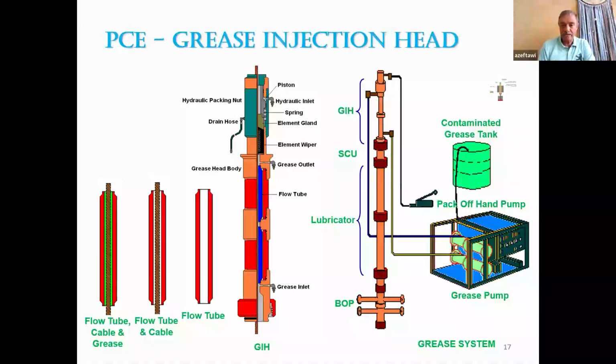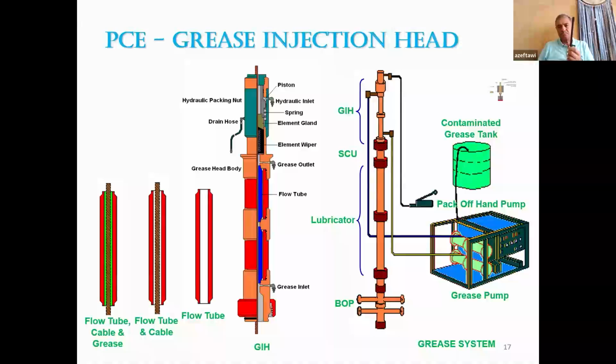To understand this, let us discuss. Let us see what's on top of the grease injection head here. It's a piston and cylinder, right? You see this black spot here, which is the element wiper. The element wiper acts exactly like the windshield wiper in your car. It cleans the glass.